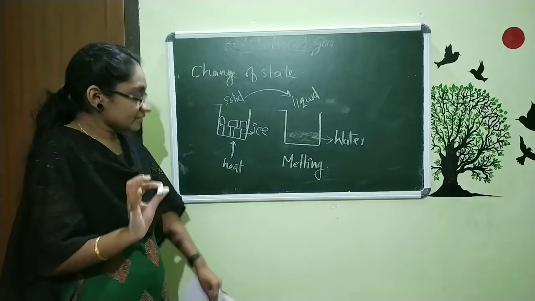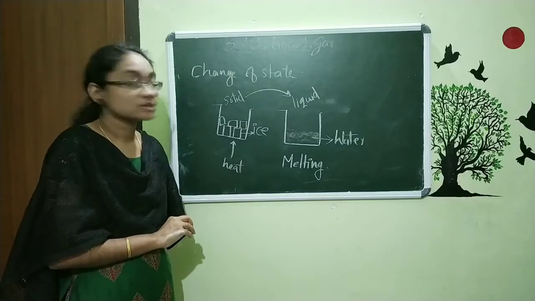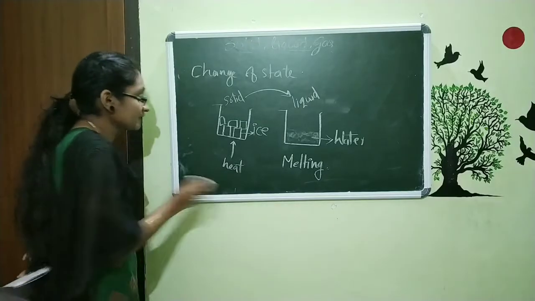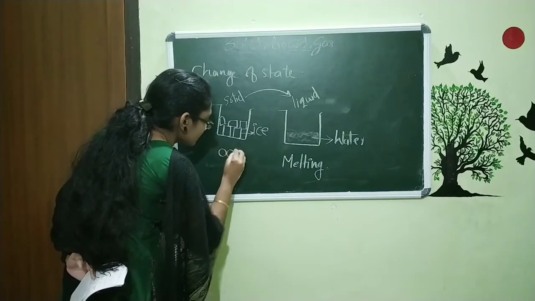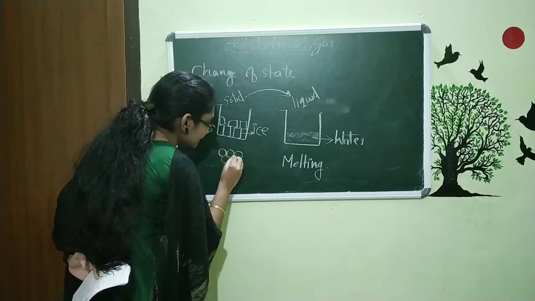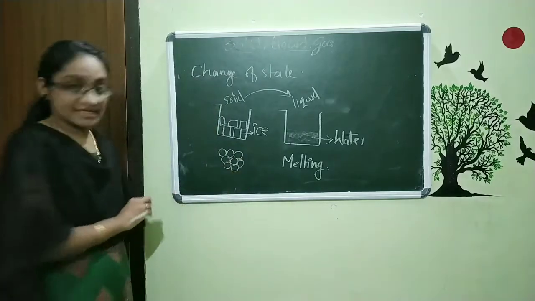I think it's clear. So here, what is happening to the molecules? I will show you. For the ice cubes, the molecular arrangement is like this. They are very closely packed.